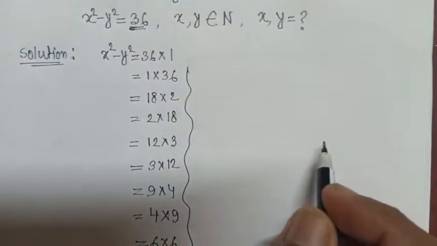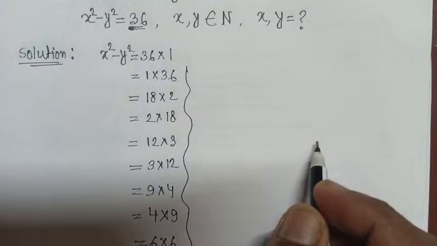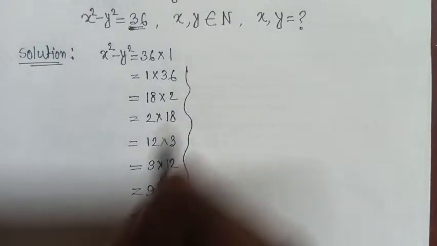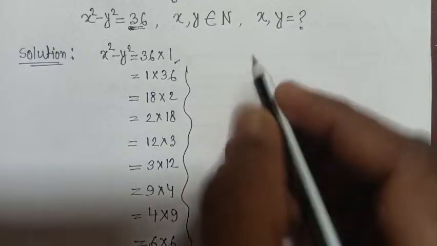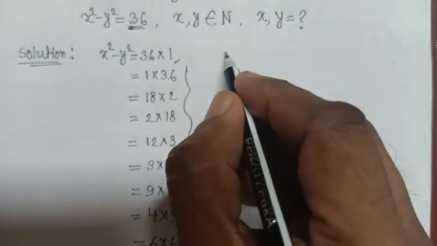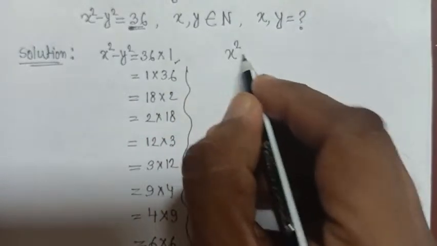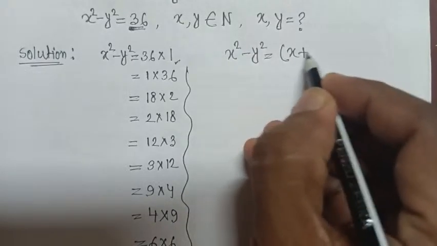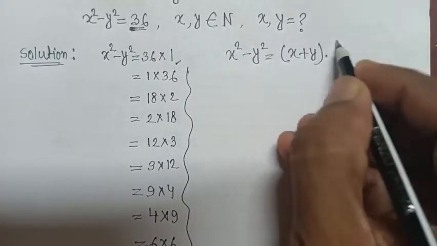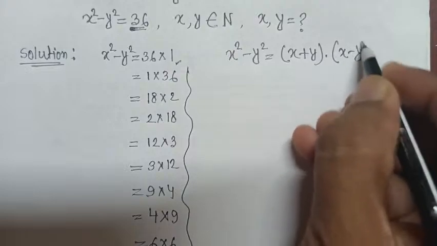Okay, so we can get 36 as 36 into 1. Now we know x square minus y square is equal to x plus y dot x minus y.